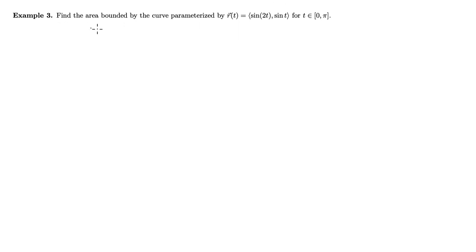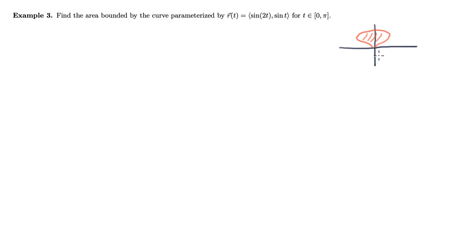So we want to find the area bounded by this curve, parameterized by this vector valued function. I recommend that you actually plot this yourself. What this curve looks like is sort of like a balloon. It's a little bit hard to describe.